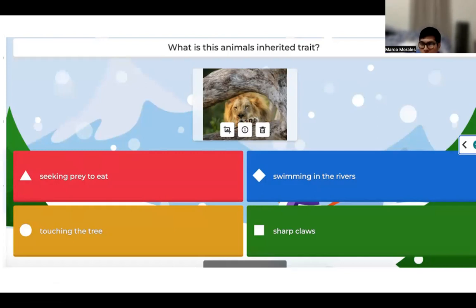Thank you for the clarification, Timmy. So, Timmy, what do you think the answer is? Exactly, yes. So what Timmy said, the answer is the green, the square, which says sharp claws. A lion inherits their claws from their parents to hunt. Thank you, Timmy. Now let's move on to the next question.